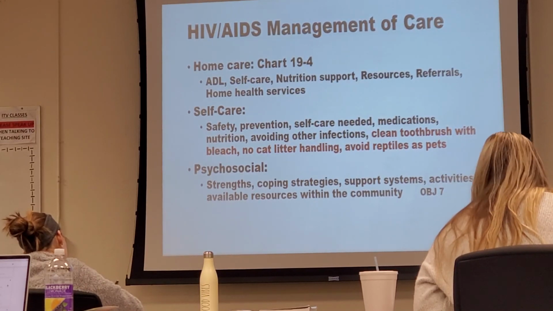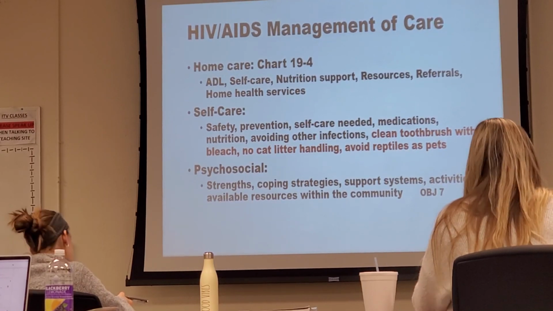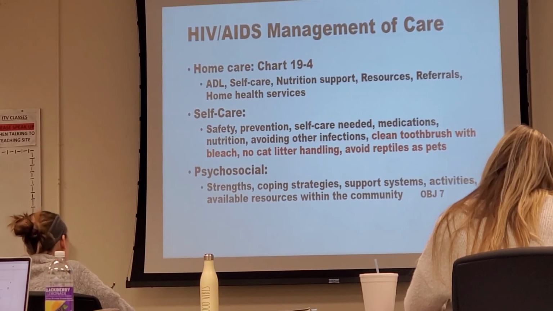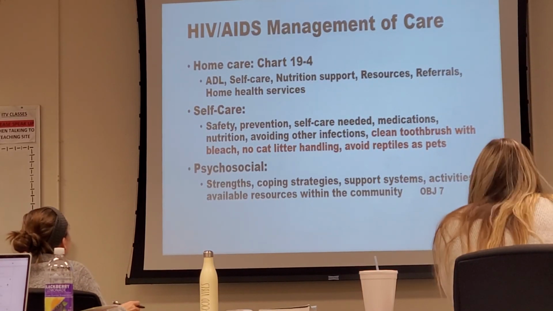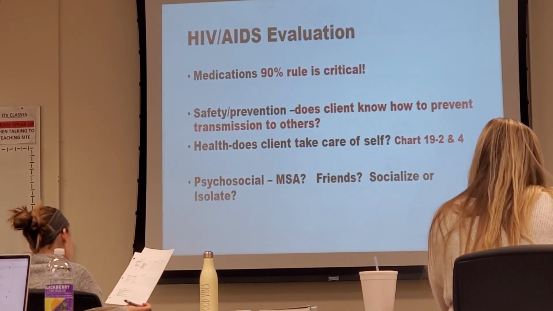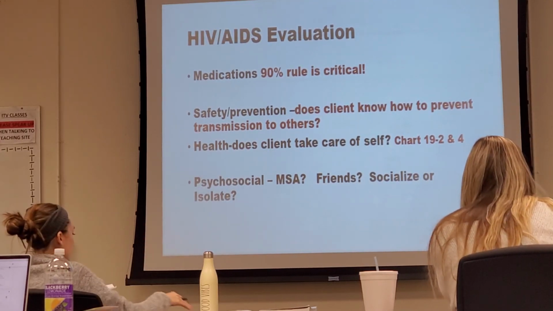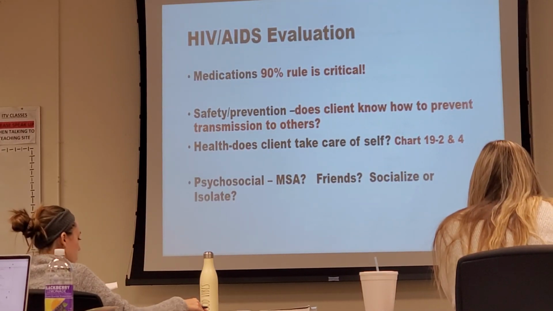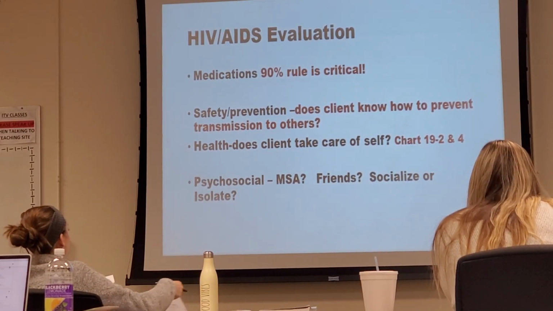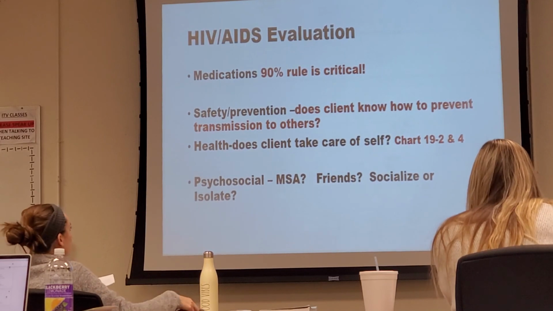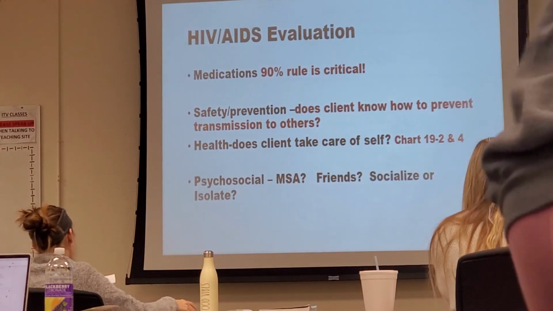I'm not sure really what reptiles carry, but give away your turtle or your snake if you're HIV positive. No iguanas, no bearded dragons, none of that stuff. Okay? And then in your evaluation, you'll find out if they're following their 90% rule.